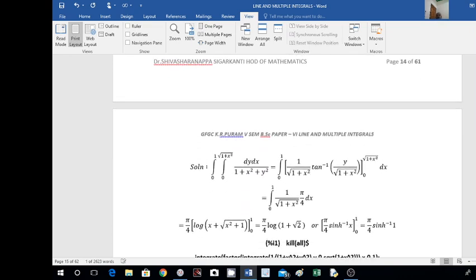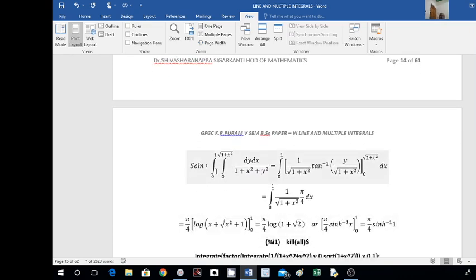So integration of this. What is the integration of 1 by a square plus x square? I think it is 1 by a into tan inverse of x by a.